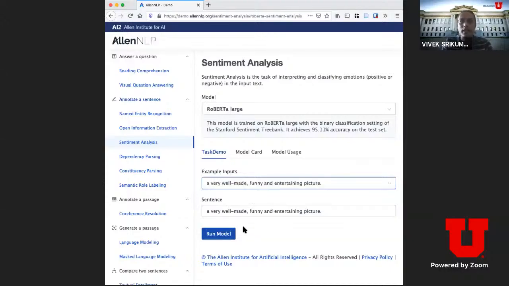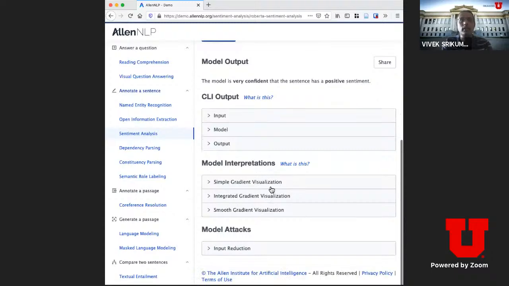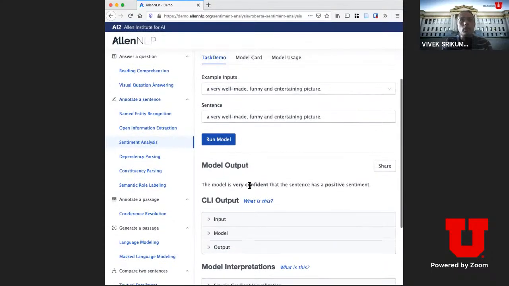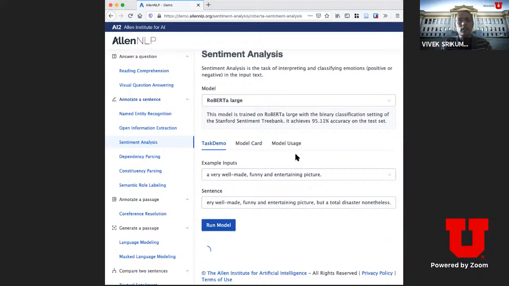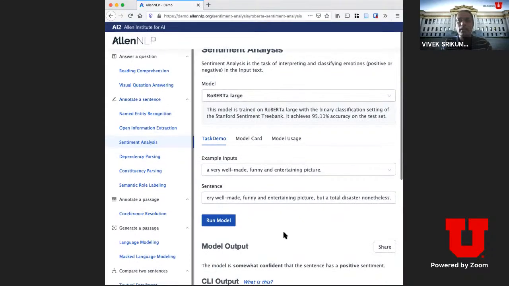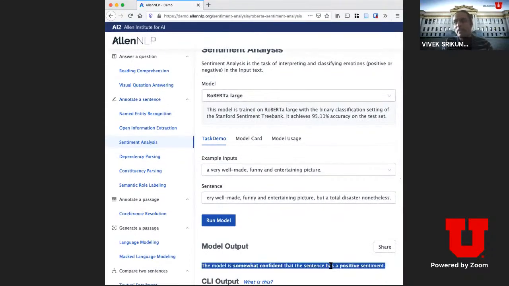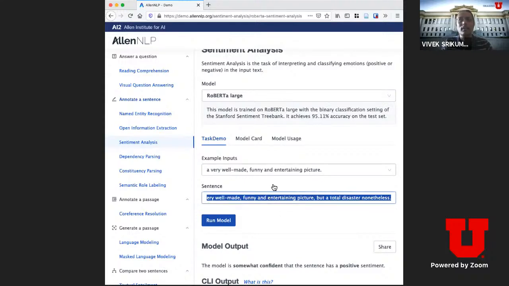A very well-made, funny, and entertaining picture, and the model is very confident that the sentence has a positive sentiment. I can replace this with a very well-made, funny, and entertaining picture, but a total disaster. And at this point, it still says it's a positive sentiment, so the model's already failed.